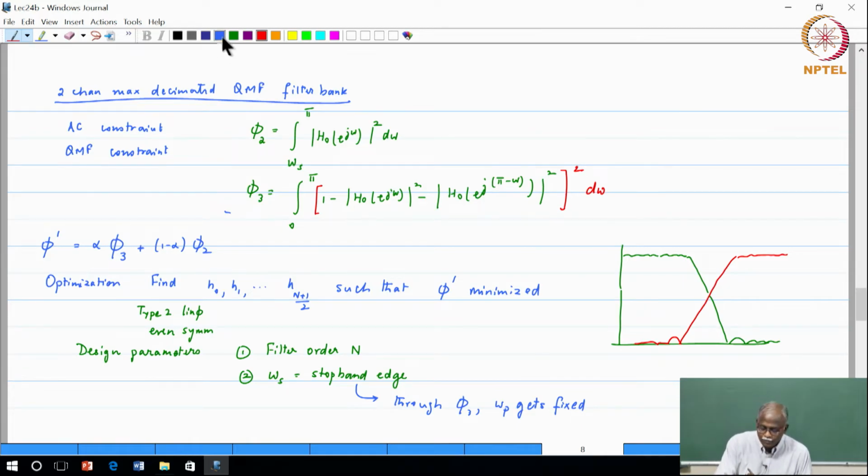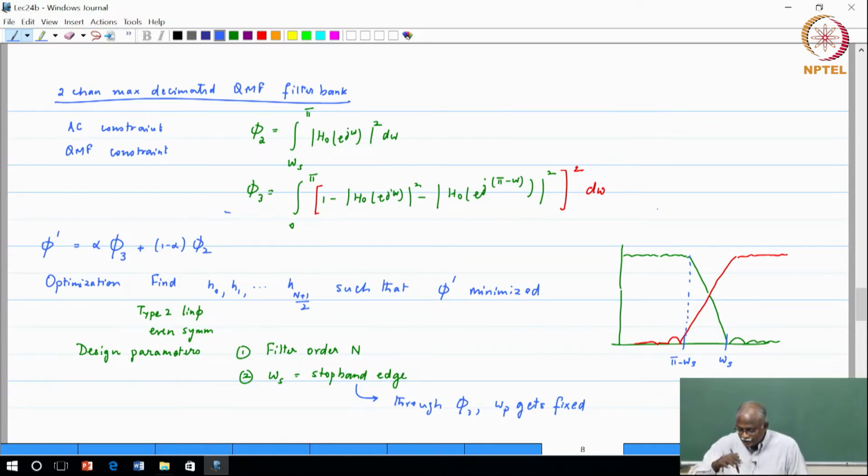So, let us mark off what has been specified. This is omega s. Okay. So, what is this? That will be pi minus omega s. Notice that because of the flatness constraint, these two will have to align, right, because that is the point at which the stop band of the red filter is starting; that should align with the passband edge of the green filter, otherwise the flatness constraint will not be satisfied.